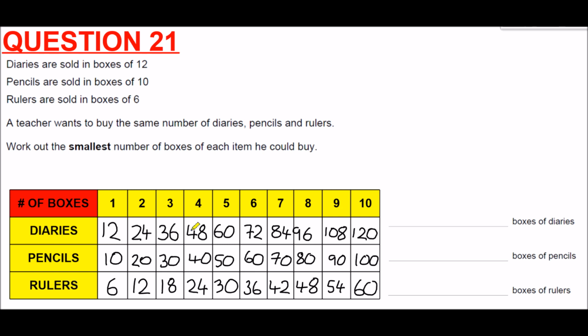Nor can 36 or 48, but 60 might be. You've got 60 here, 60 here, and 60 there. So you've got it cracked. So the magical number of items, because it's the same number of diaries, pencils and rulers, that same number is 60.